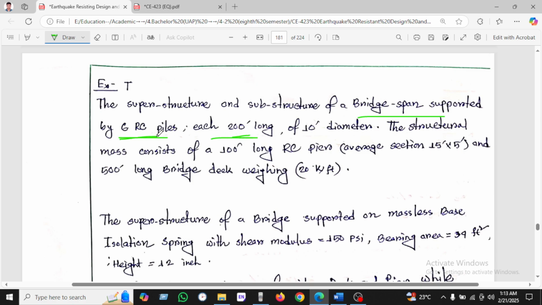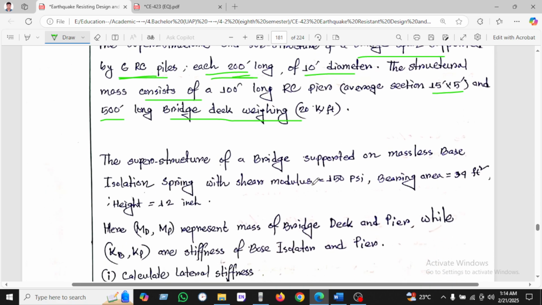We can see 6 piles are used, 200 long and 10 meters in diameter. The structural mass consists of a 10 feet long RC pier, average section we can say 15 feet into 5 feet, and a 500 long bridge deck weighing per foot on the pier.